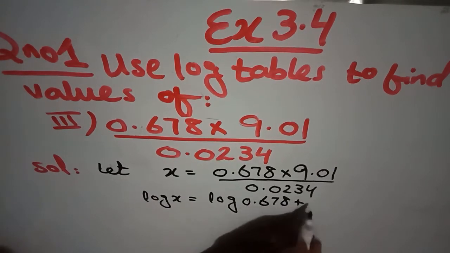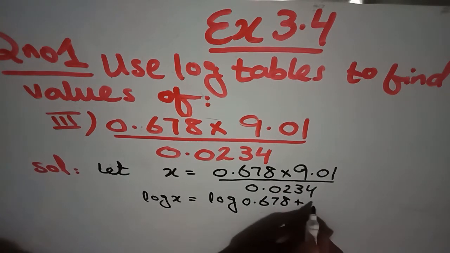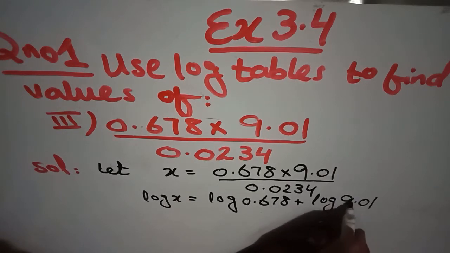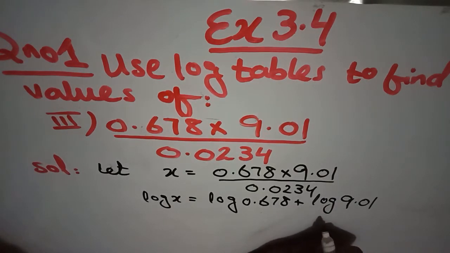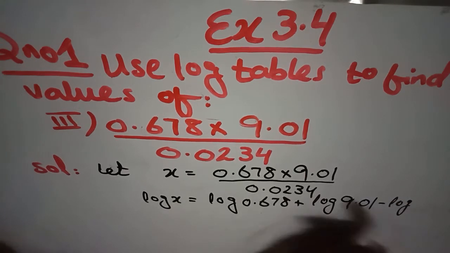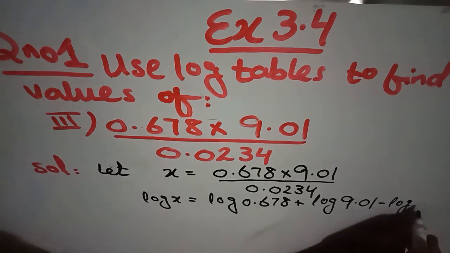So you will write 0.678 plus, because the multiplication will be changed into the addition sign, log 9.01, and at the last you can write minus log of the value present in the denominator, 0.0234.